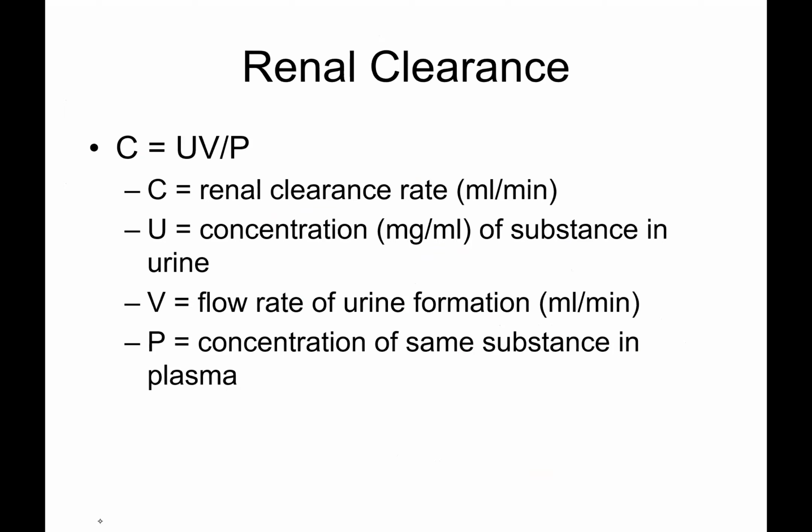So the variables are the C part, which is the renal clearance rate, the U part, which is the concentration of the substances in the urine. Okay, the V is the flow rate of urine formation, and then the P is the concentration of the same substances found in plasma.